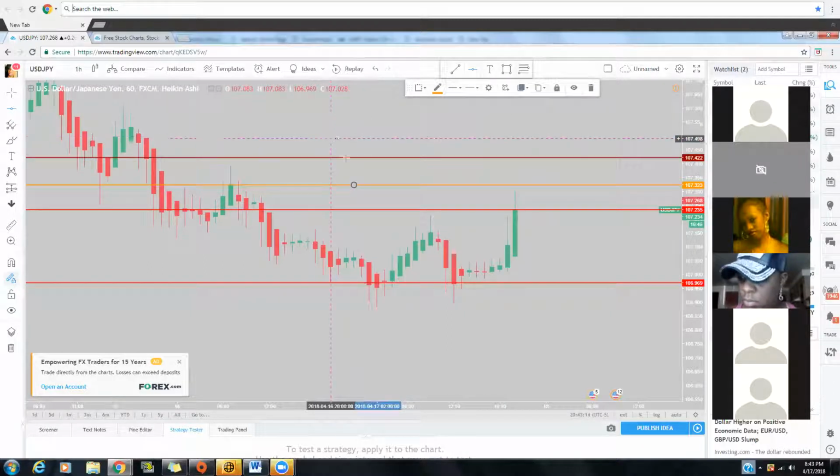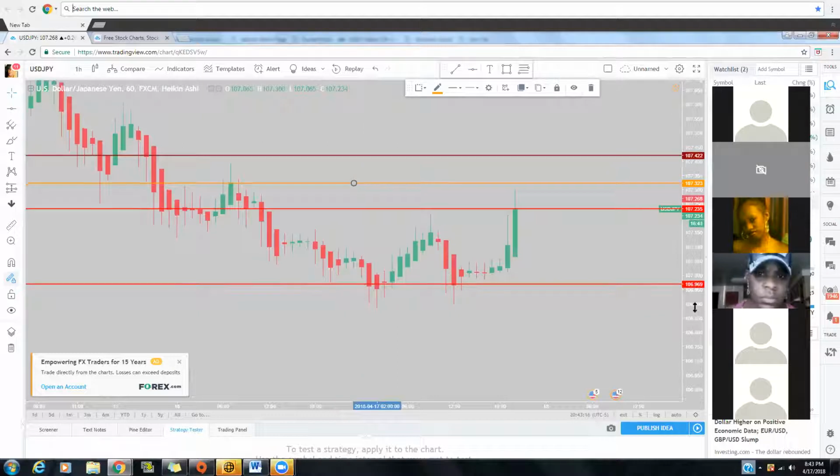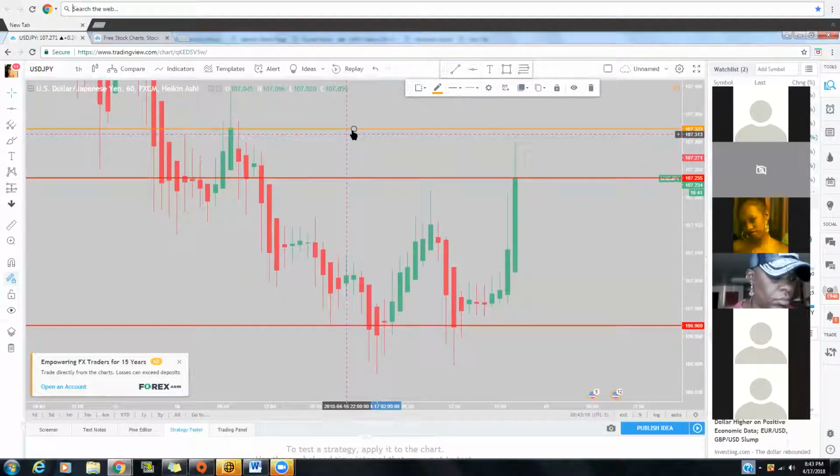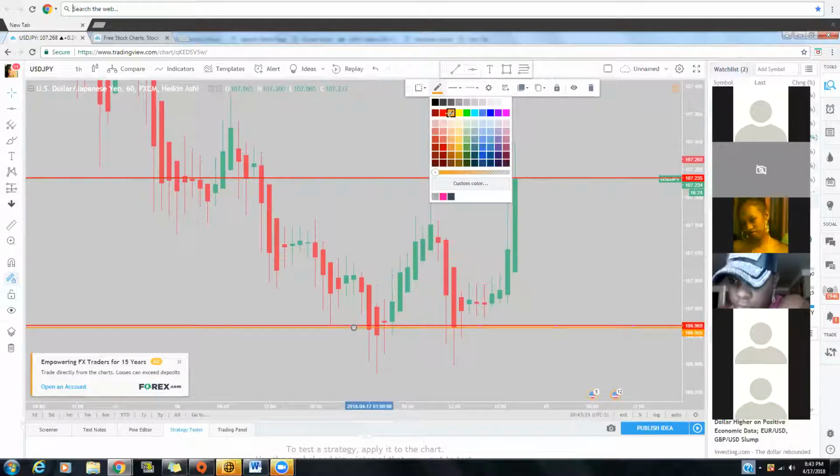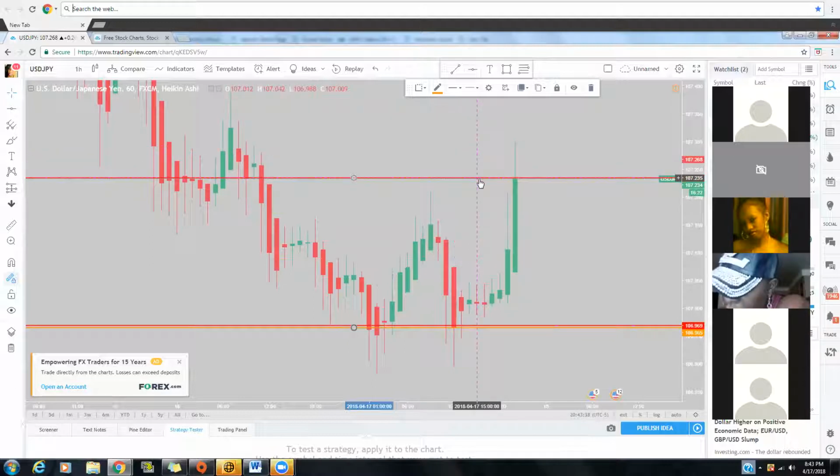So again, we're looking for the noticeable change in direction. If you need to stretch out your chart so that you can see exactly where it changes, then stretch out your chart so you can see exactly where it changes. And again, we always want to use the information right in front of us.